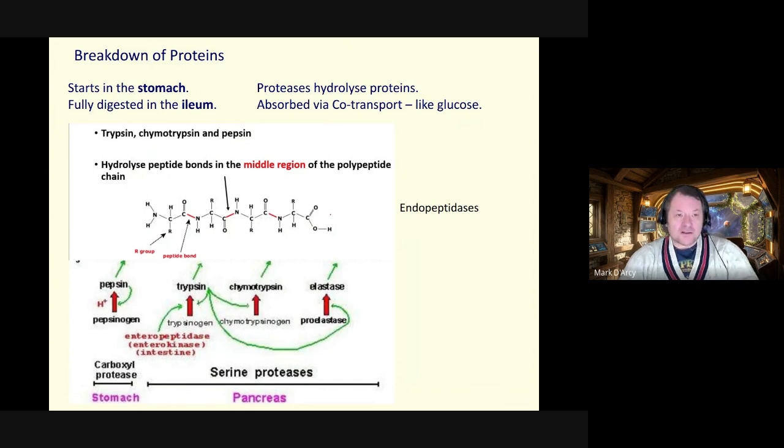Breakdown of proteins. This starts in the stomach and is fully digested in the ileum. Proteases hydrolyze proteins, which are absorbed via co-transport, just like glucose. So we have pepsin in the stomach, and trypsin, chymotrypsin, and elastase in the small intestine, secreted by the pancreas.